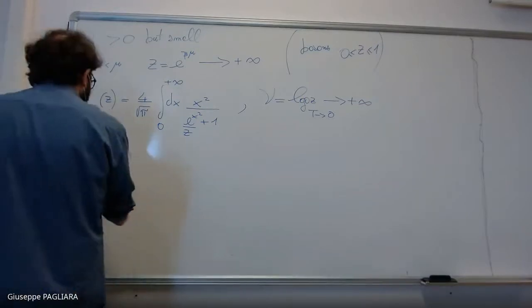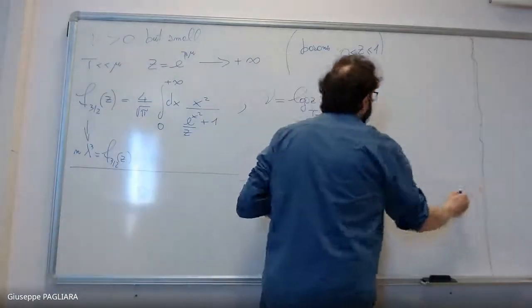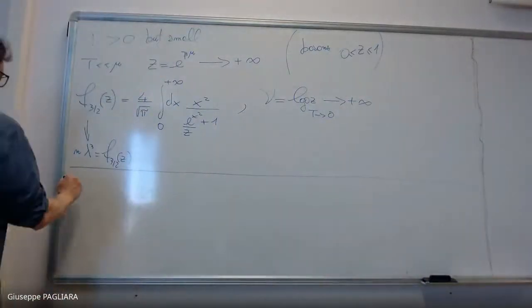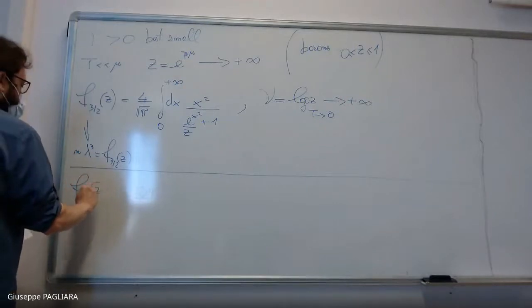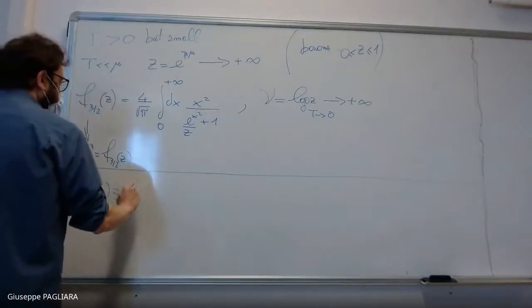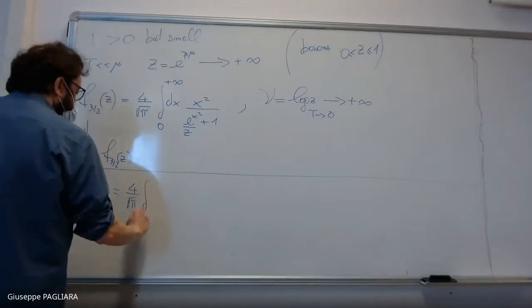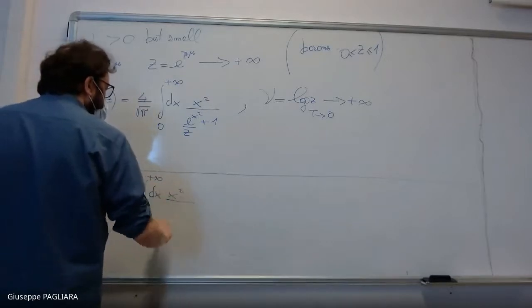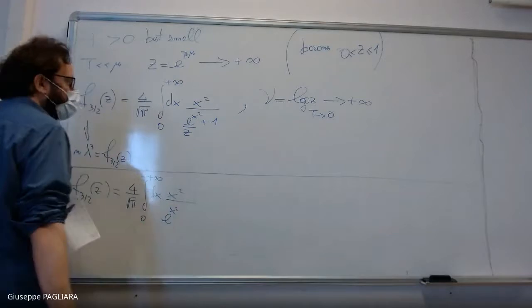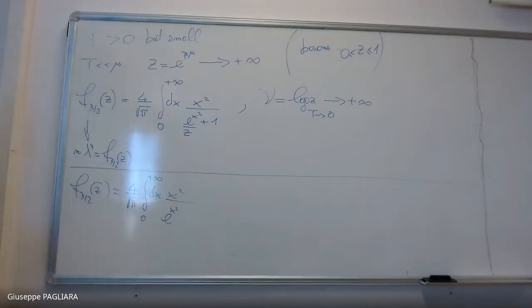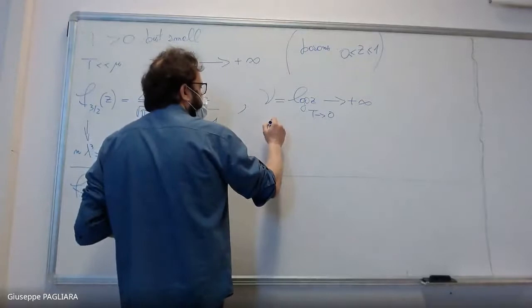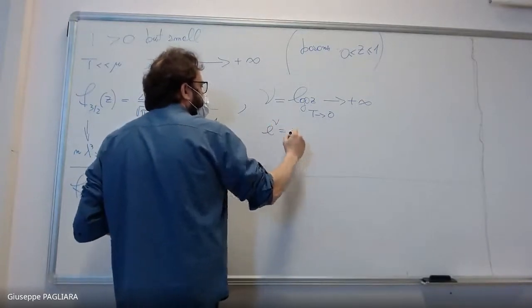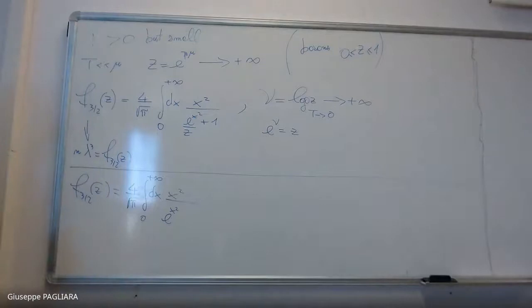First of all, f3 half of z is equal to 4 over square root of pi, integral 0 to plus infinity dx x squared, and here I have e to the x squared, z minus 1, which is exponential of minus nu, because e to nu is equal to z, and therefore z minus 1 is e to the minus nu.